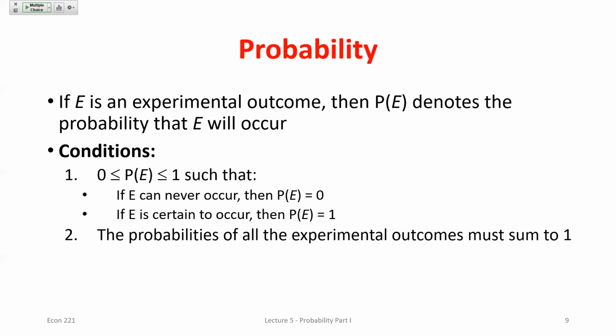The other thing that we have, and we kind of already introduced this idea when we were looking at relative frequencies. Remember, the relative frequencies always had to be between 0 and 1 because we're looking at our data set. At most, this outcome is all of the observations, which was a total of 1.